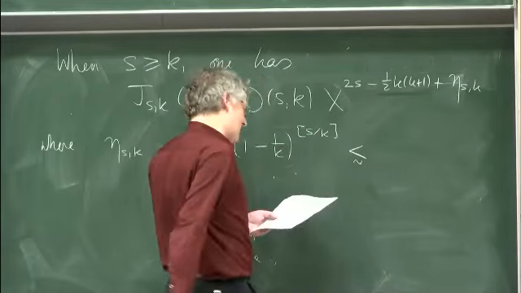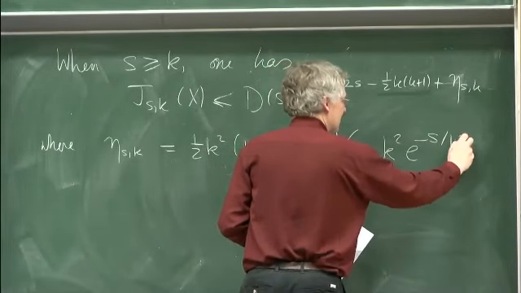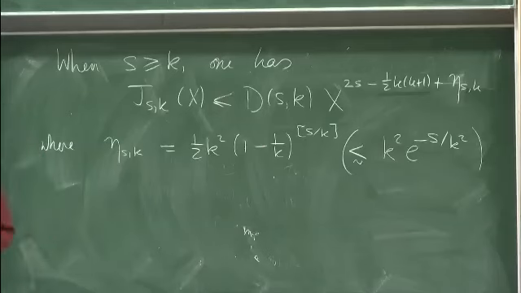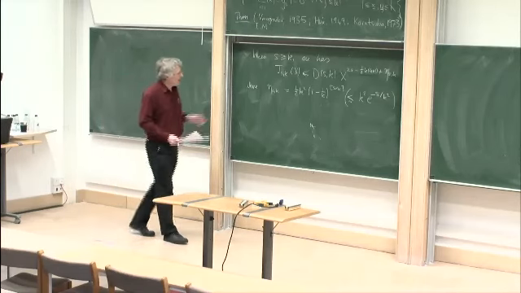But the way to think about this power is that it's exponentially decaying as s increases, and the rate of decay is something like e to the minus s over k squared. So this is the statement of what everybody knew up until about 20 or so years ago. This was the state of the art.